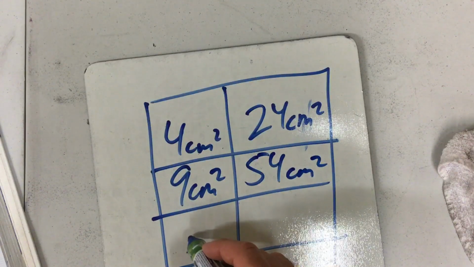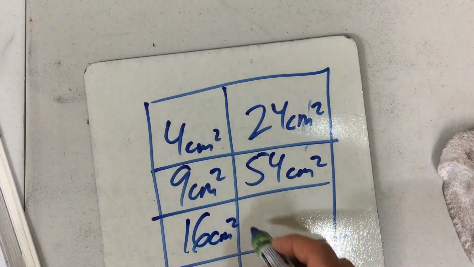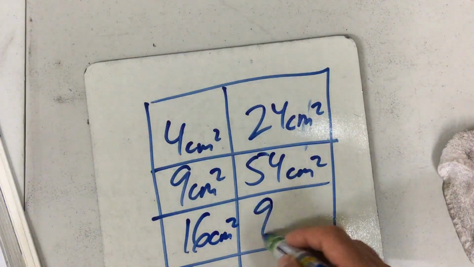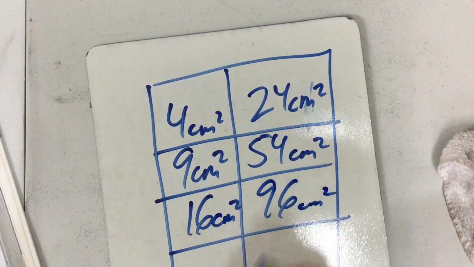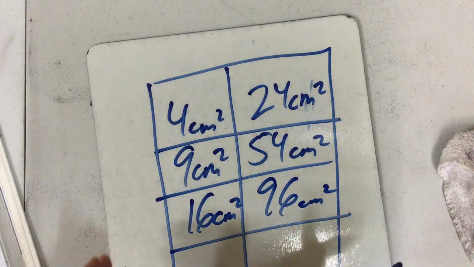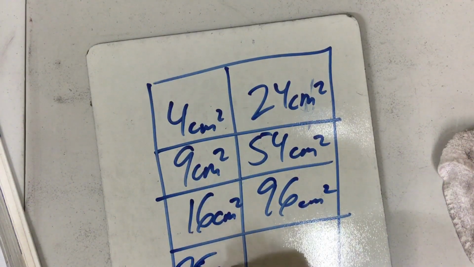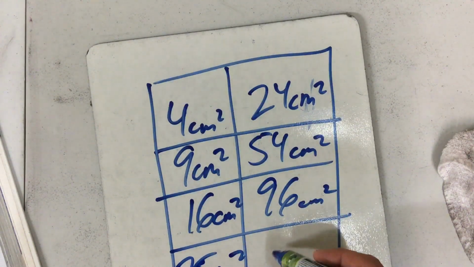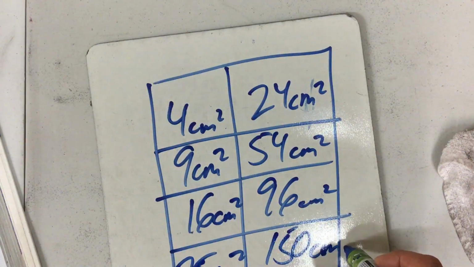If it was 4 by 4, then each face would be 16 centimeters squared times 6. Just trust me, it's 96 centimeters squared, total surface area. If each side was 5 by 5, well, then each face would be 25 centimeters squared. If I multiply that by 6, I get 150 centimeters squared.